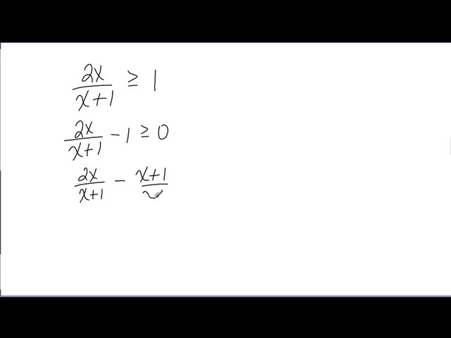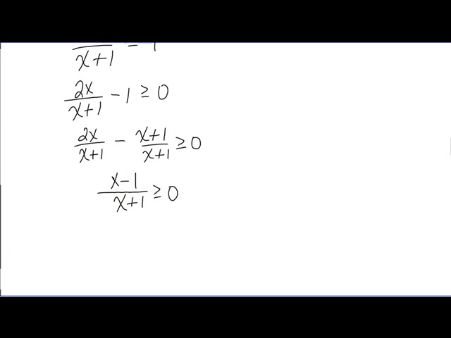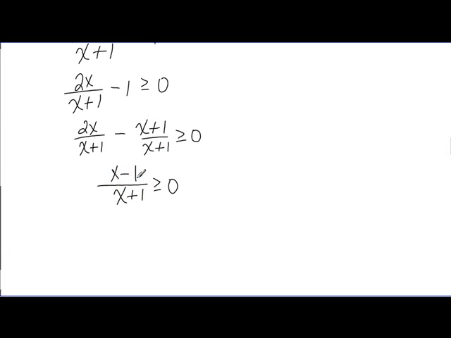So 2x minus x would be x minus 1 over x plus 1 is what I'm going to be working with. The split points: the value of x that makes the top equal to 0 is x equals 1. The value of x that makes the denominator equal to 0 is x equals negative 1.